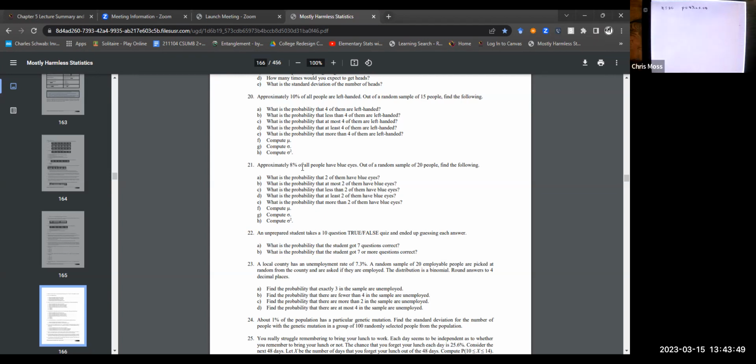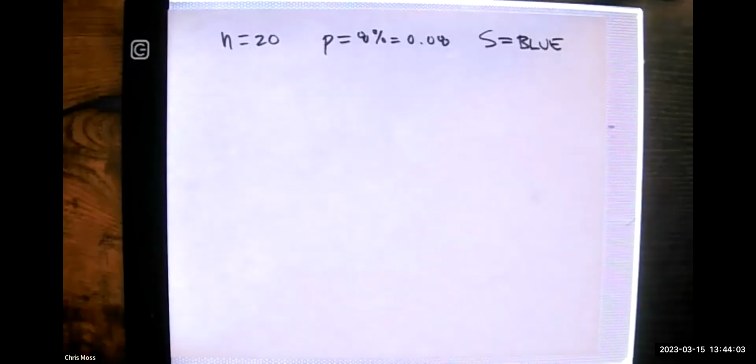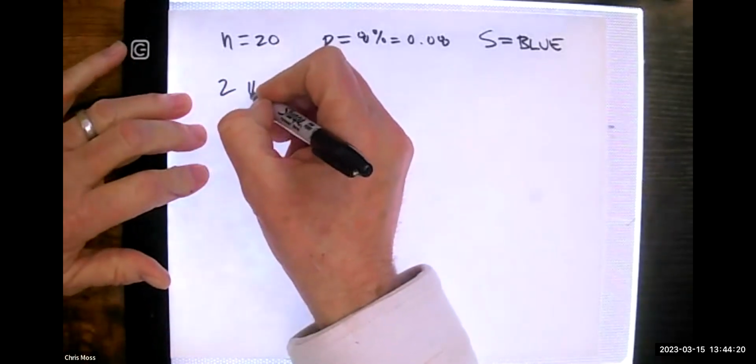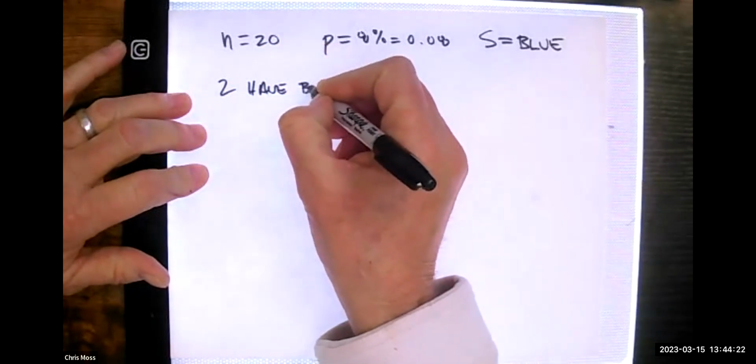And finally, we're looking for people who have blue eyes, so success is blue eyes. All right, so let me stop my sharing here and come back over here. And there's my data that I've been given. Let me go ahead and answer a couple of the questions. What is the probability that 2 have blue eyes?